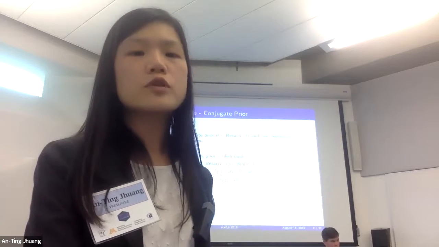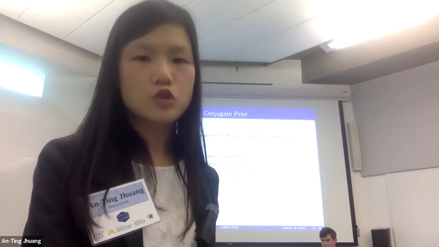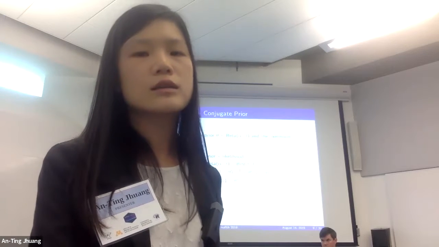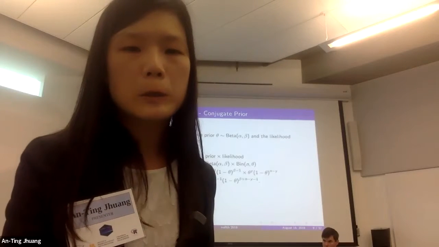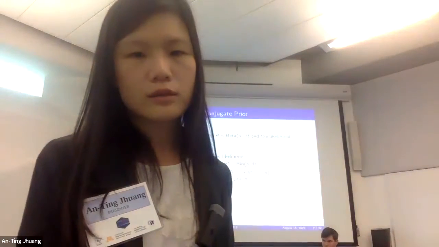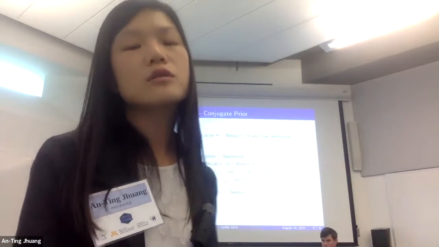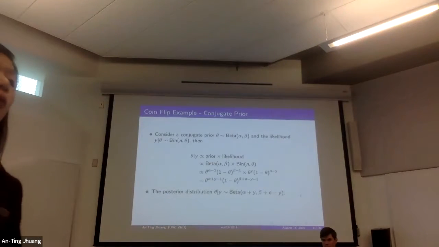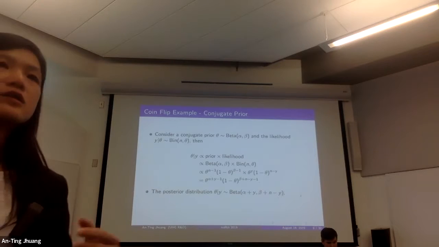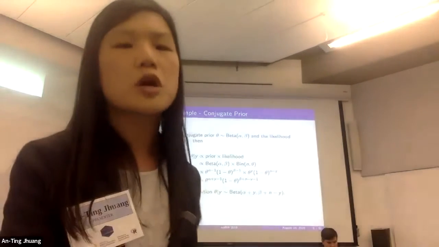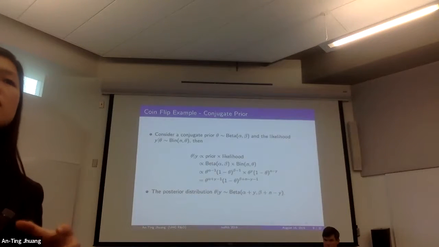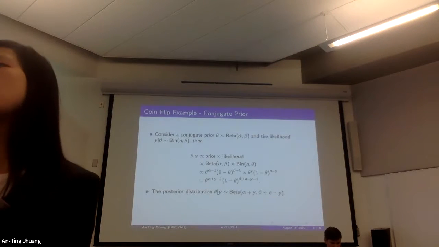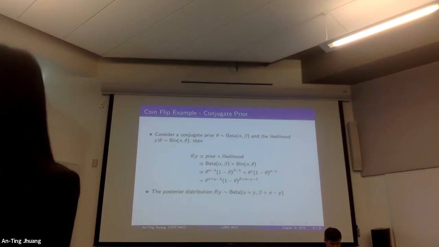It's proportional to the prior, the beta distribution, times the likelihood, which is a binomial here. You can write out the kernel of the distribution, and it will give you a posterior distribution, which also follows a beta distribution. So we call this beta prior a conjugate prior distribution because it leads to the same parametric family of the posterior.